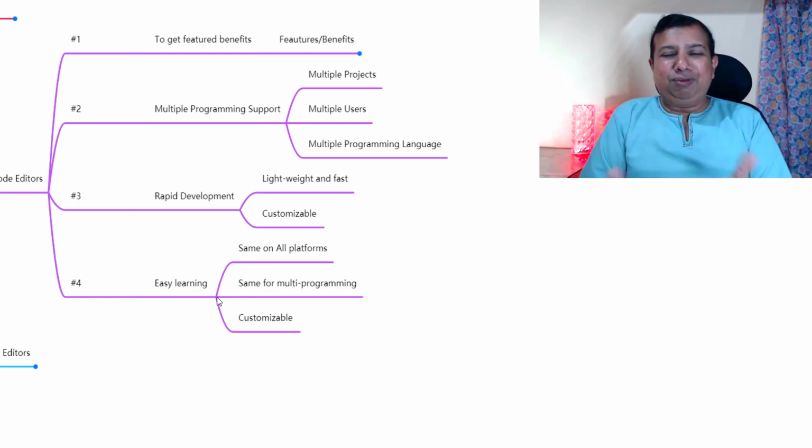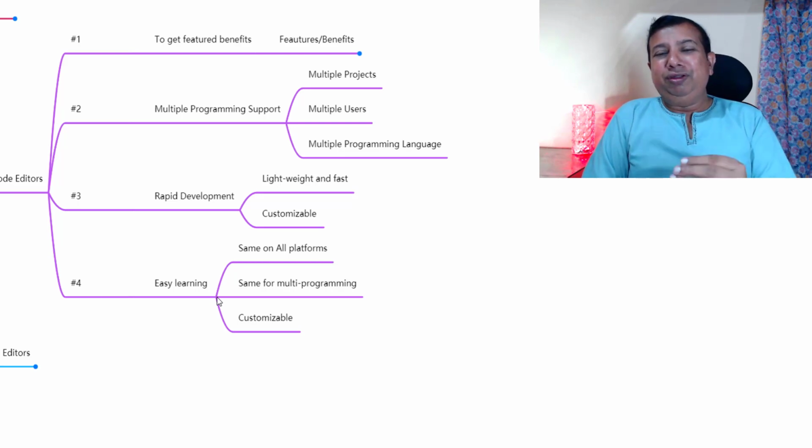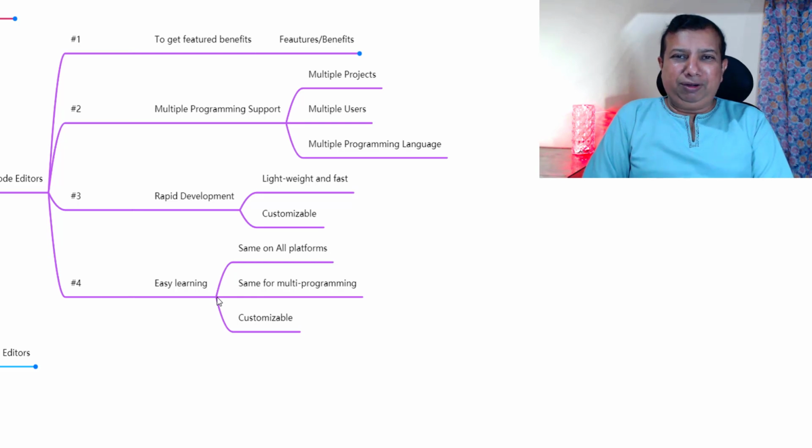So even if you have different platforms and different programming languages, because of customization and cross-platform availability, you don't need to learn everything. You only have to learn the differences in programming languages and syntax, and accordingly we can start the programming.